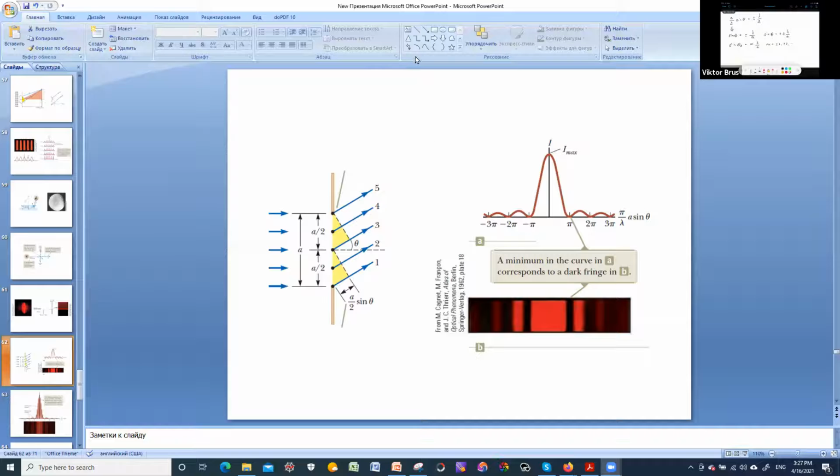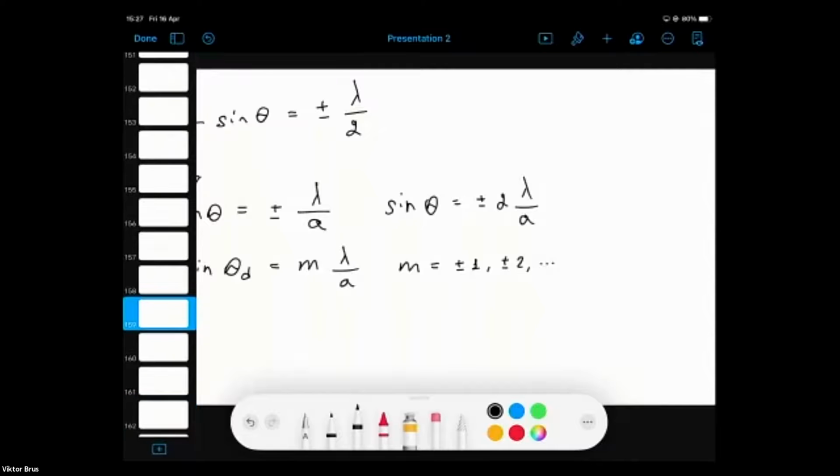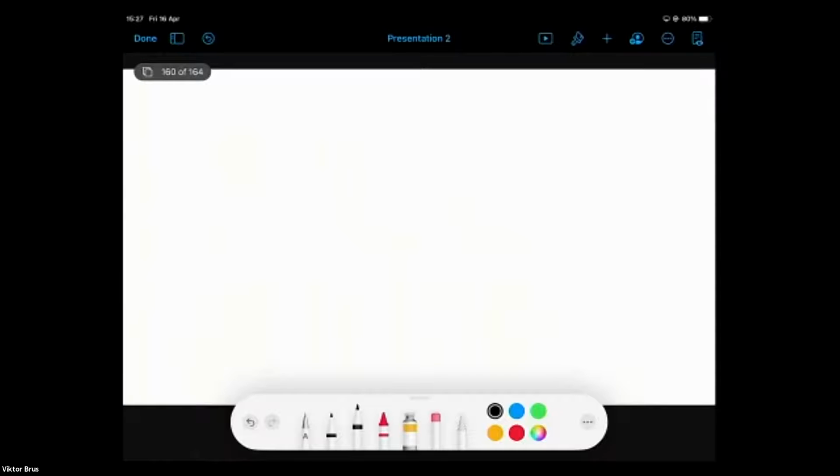So now let us write down the equation which gives the relationship between angular position and light intensity of the diffraction pattern of a single slit. We will not derive this intensity here.